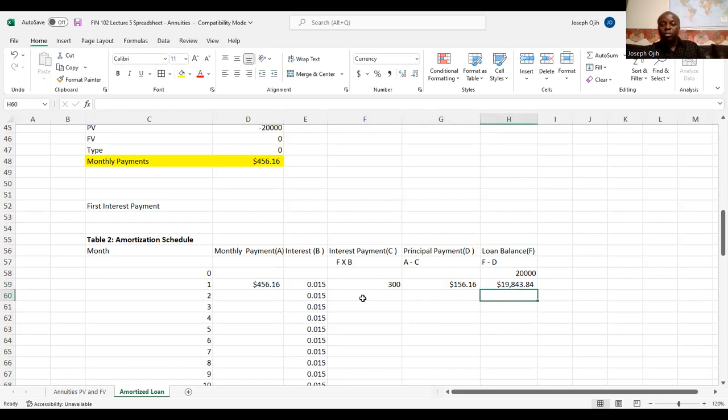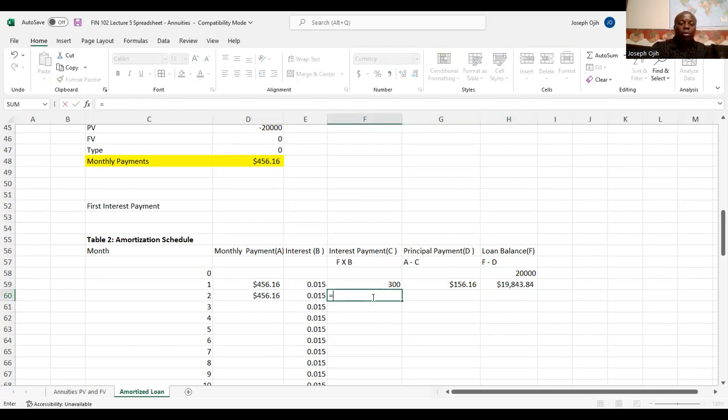Now in the second month, you made another payment of $456.16. Okay. When you do that, how much goes to the principal? Equal the loan balance of $19,843.84 times the interest.